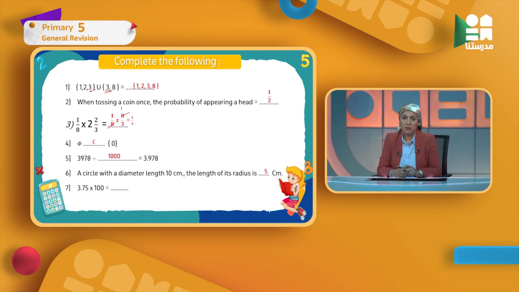The last one, 3.75 times 100, I move the decimal point to the right hand side. How many places? Here I have 100, so I move it 2 places. So it will be 375.